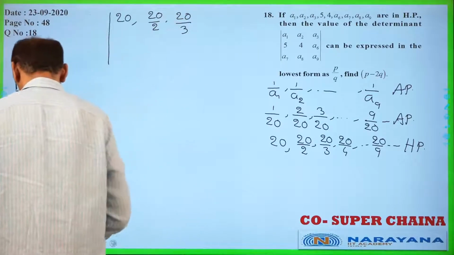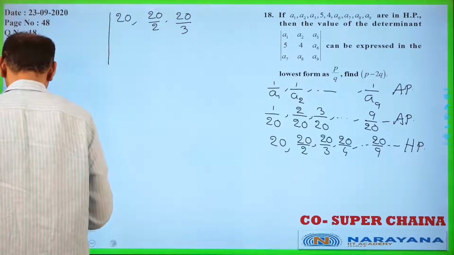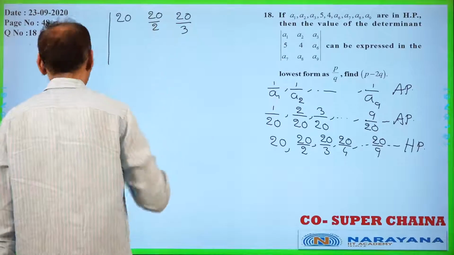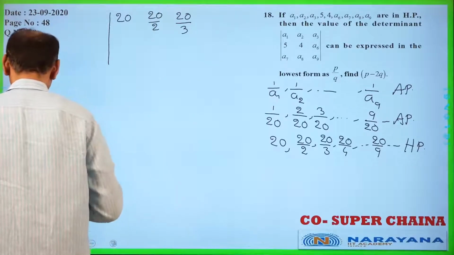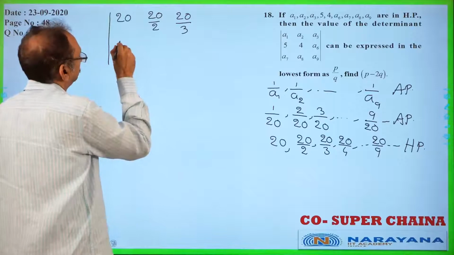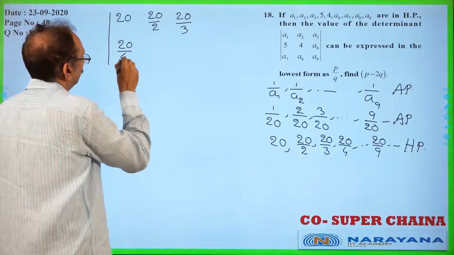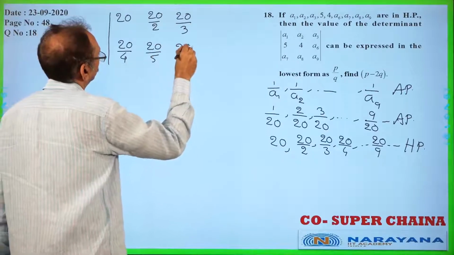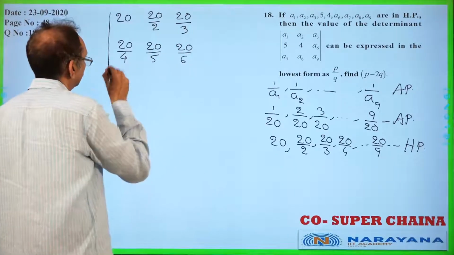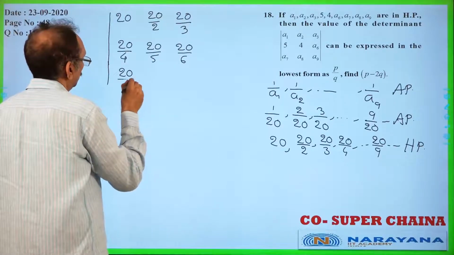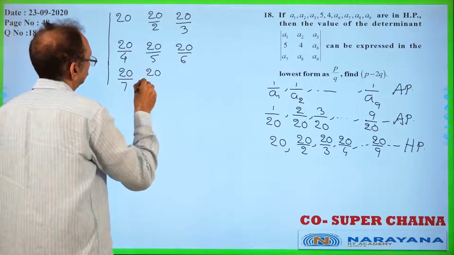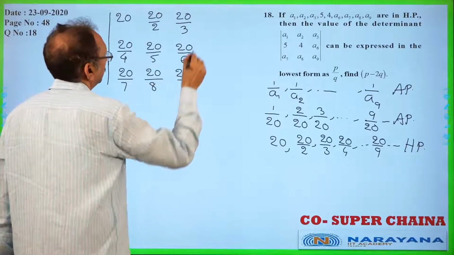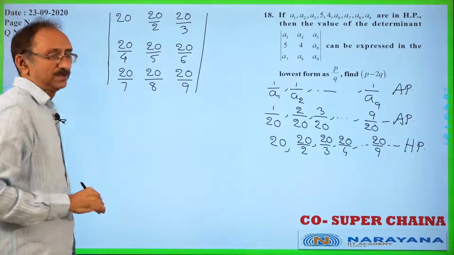So, no commas. 20 by 3, 20 by 4, 20 by 5, 20 by 6, 20 by 7, 20 by 8 and 20 by 9. So, this is the actual determinant.